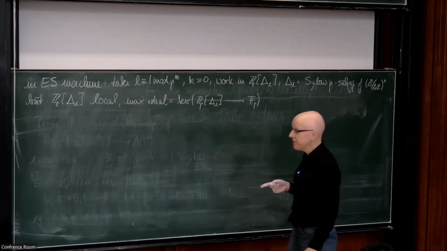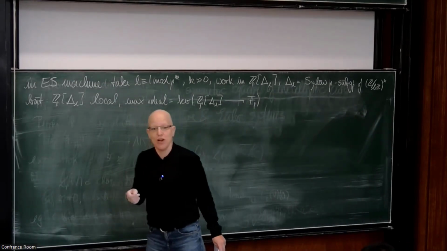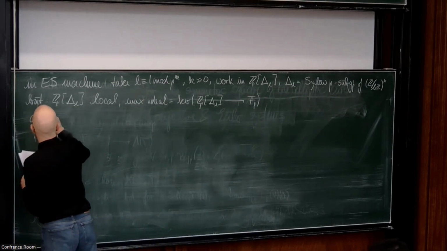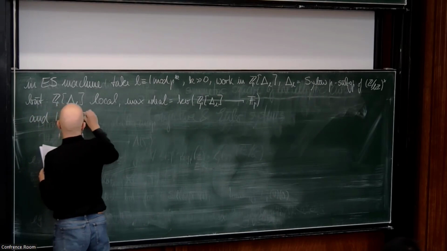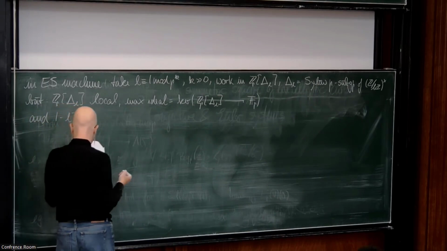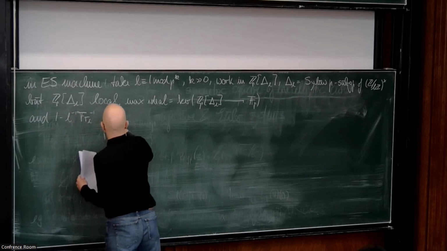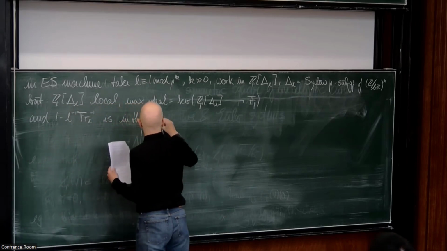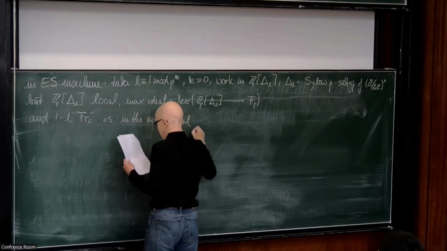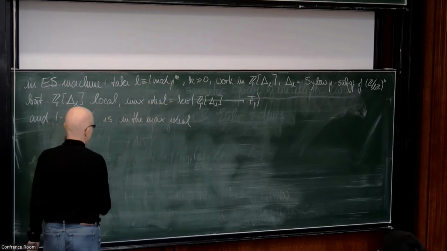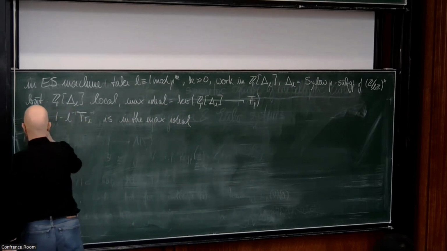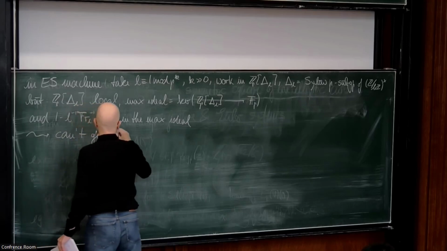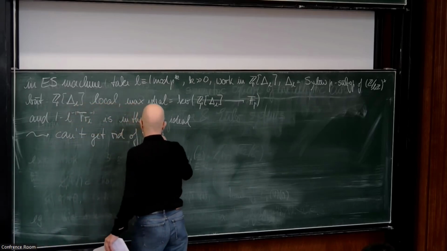The problem is that this one-dimensional factor is always going to lie in this maximal ideal. So 1 minus L to the minus 1 Frobenius is always in the maximal ideal, which means that we can't get rid of the parasitic factor just by renormalizing.